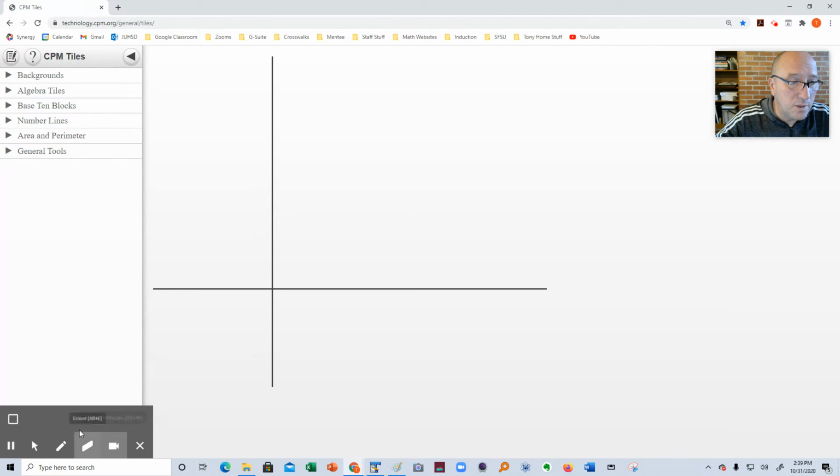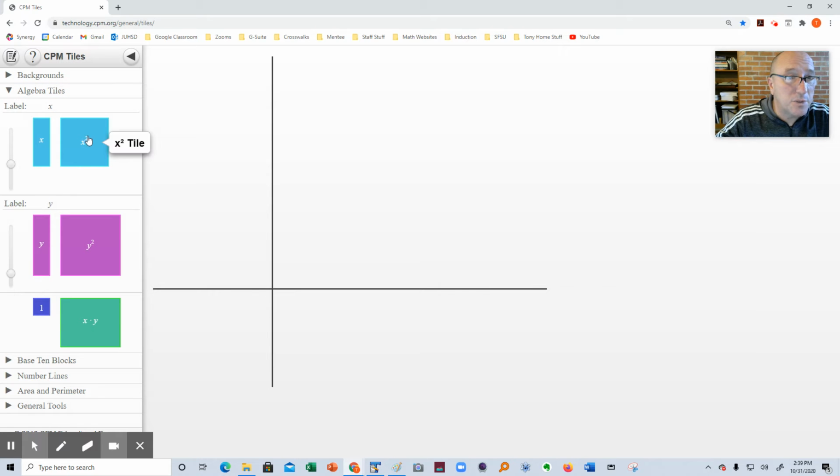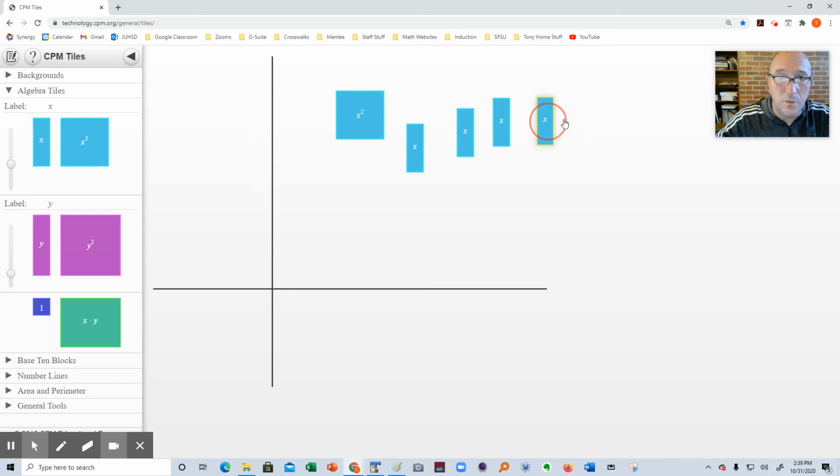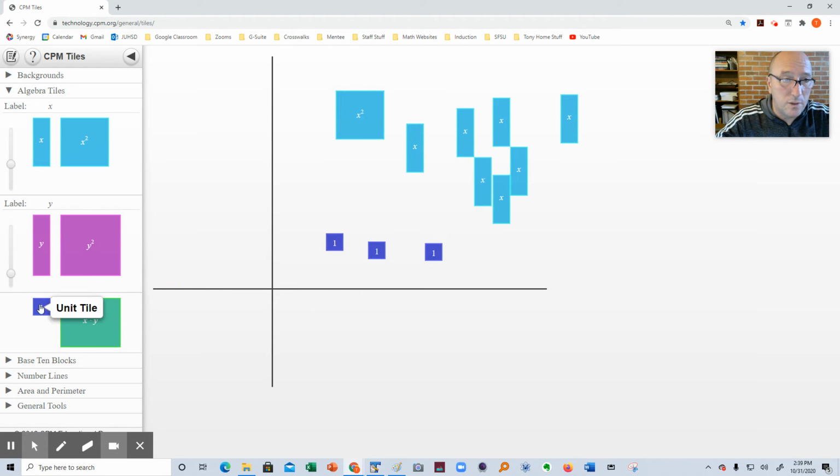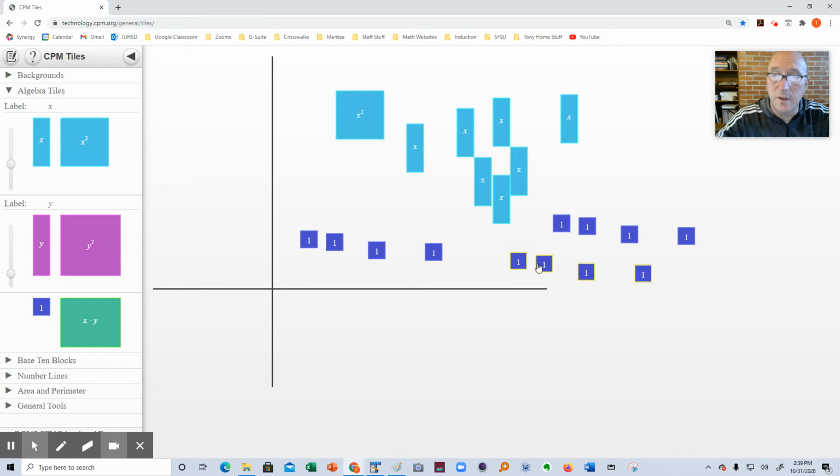So under the algebra tiles screen, tap algebra tiles and drop one of the x squareds and then 7 of the x's, 1, 2, 3, 4, 5, 6, and 7, and then 12 of the 1's. I can copy these, Control C and Control V. Should have 12 there now.